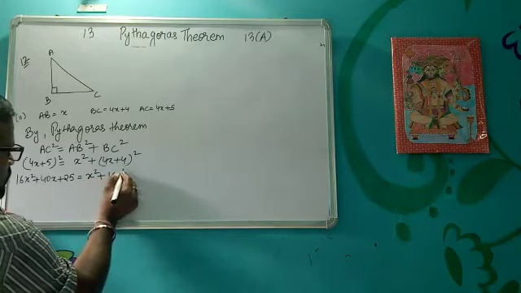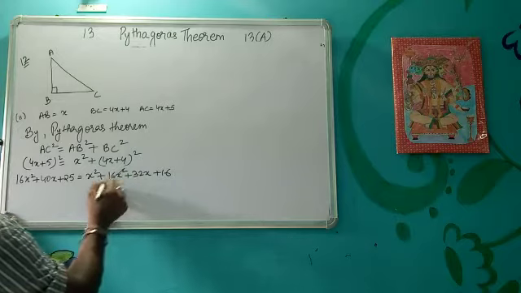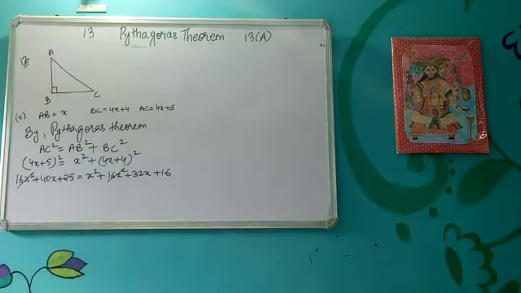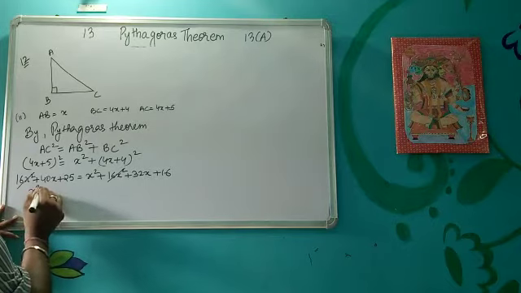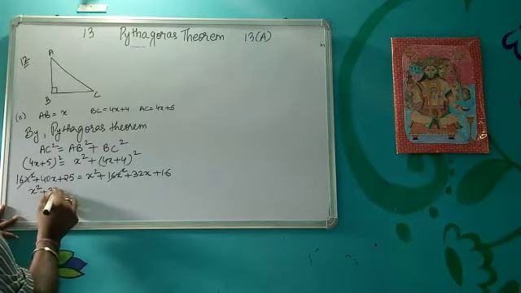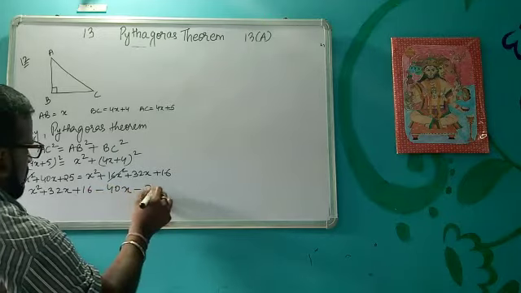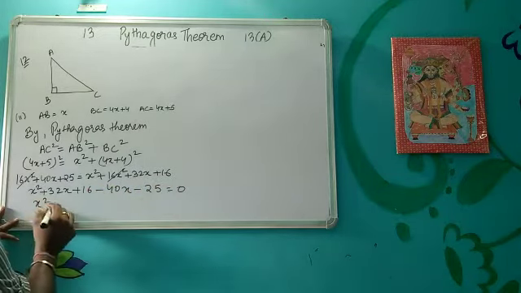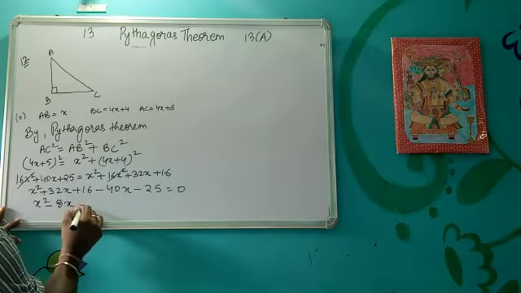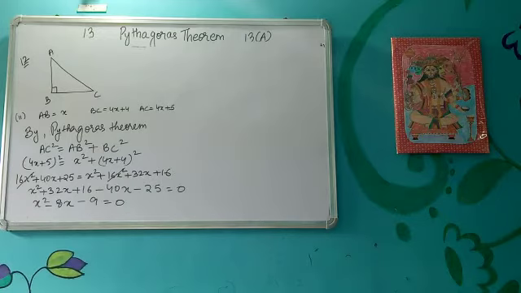Then again here also. So 16x square cancel and we will shift everything on one side. So it becomes x square plus 32x plus 16 minus 40x minus 25 equals to 0. So it becomes x square minus 8x minus 9 is equals to 0.